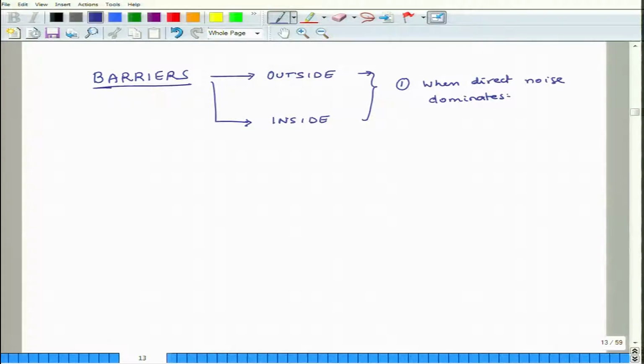If most of the noise is not direct, but coming from reflections, then if you put a barrier between the source and the listening position, it will not help much, because the noise has other paths to reach the point of listening. So, when most of the noise is direct, then barriers work well.